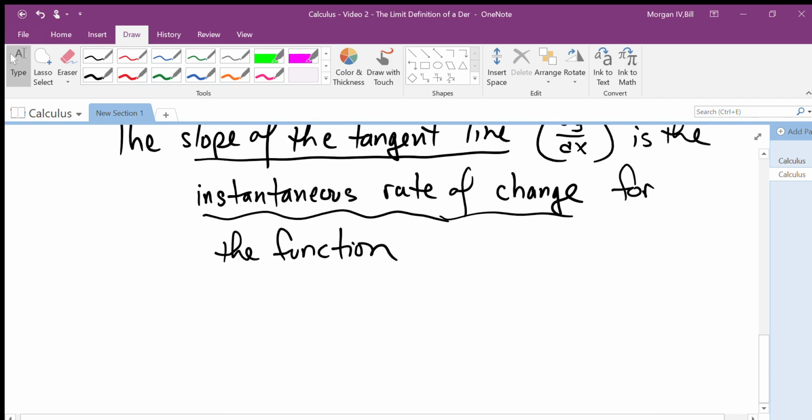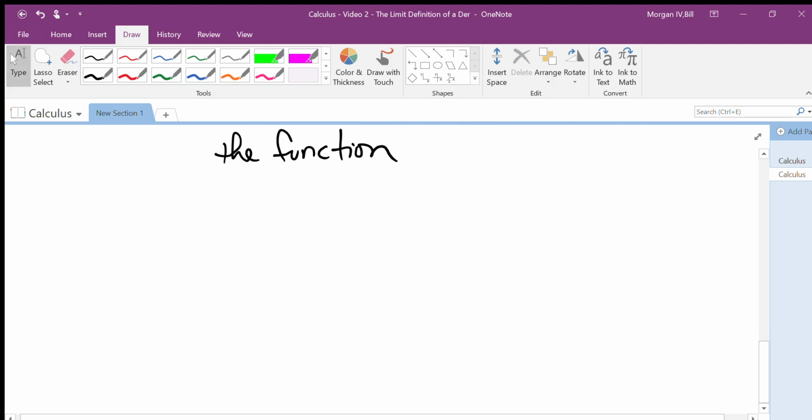All right, let's take a few minutes and do an example of what this might look like. I need a function. Let's do f of x equals 2x squared plus 3. That's a nice quadratic.